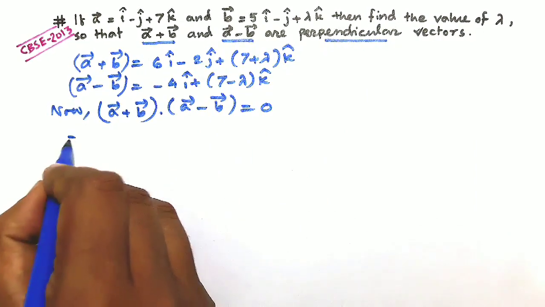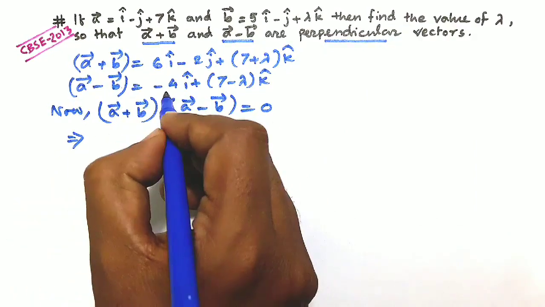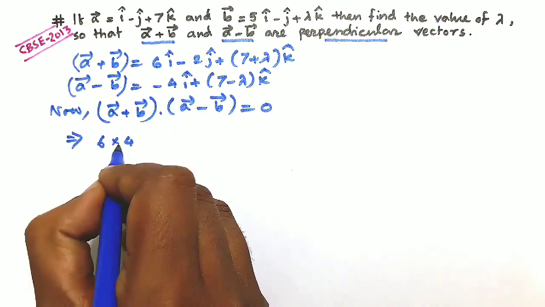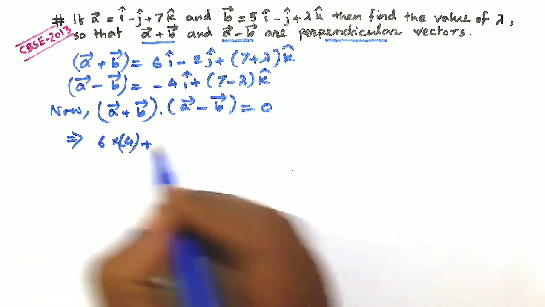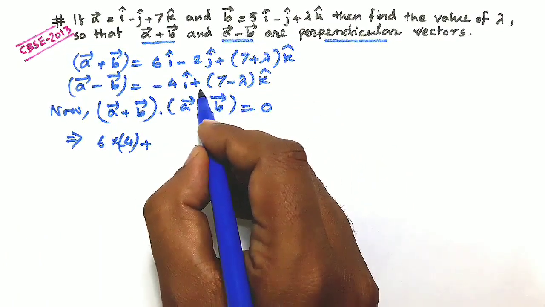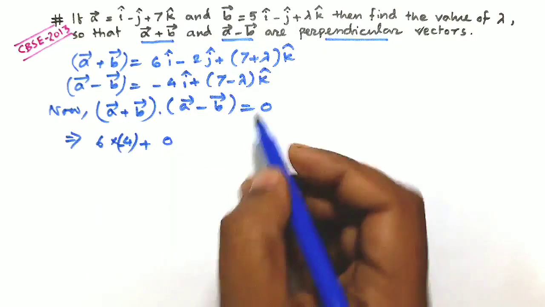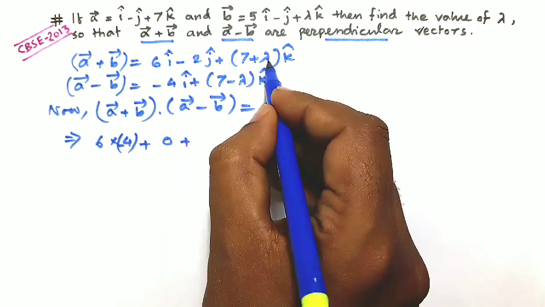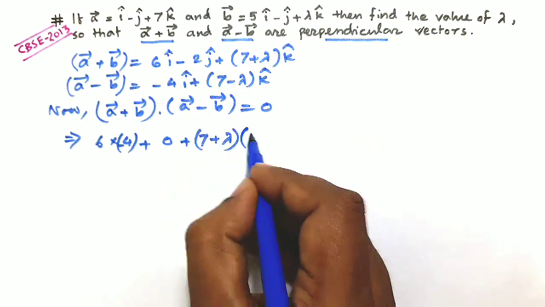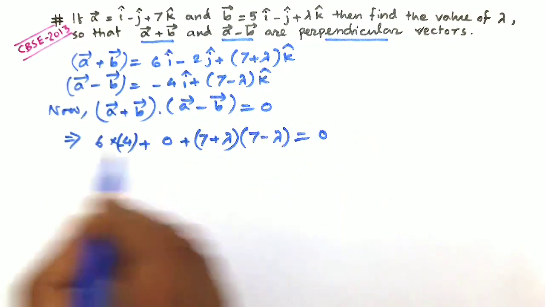So from this one we shall get 6 into minus 4 plus minus 2 into 0, because there is no j vector, and finally (7 plus lambda) into (7 minus lambda) is equal to 0.